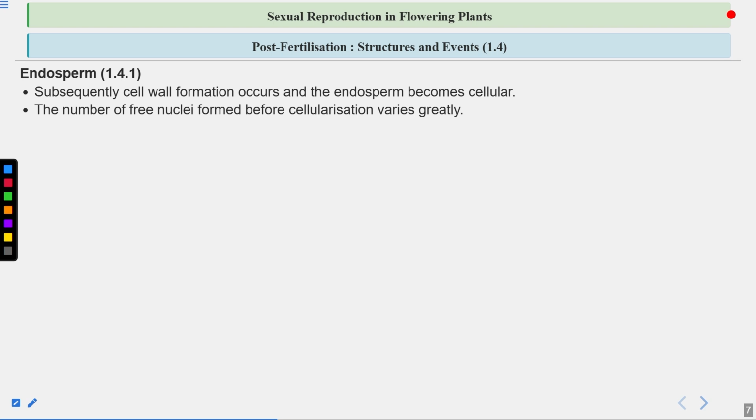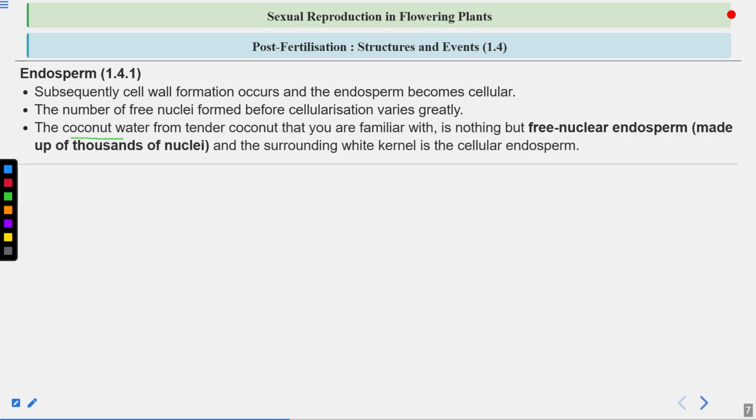So when you drink, actually you are drinking the endosperm, which is full of nuclei. The number of free nuclei formed before cellularization varies greatly from endosperm to endosperm, meaning in different species. The number of nuclei is not fixed; it varies.